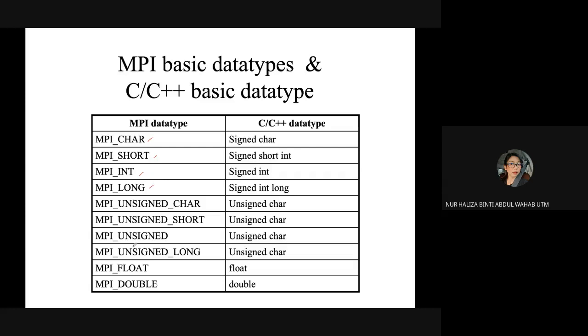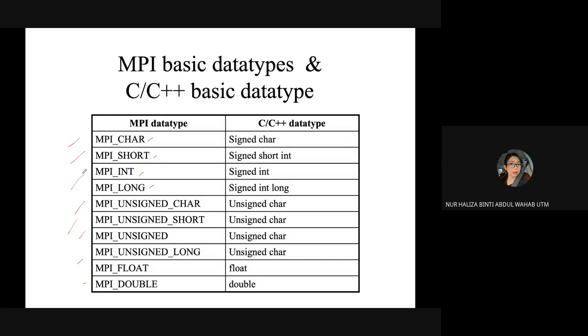If it is called unsigned, normally it is a char, and float over here, and also MPI double. So if you want to declare something, you need to use MPI data types only. That is why you need to learn all of this, because in your programming you need to apply these types.